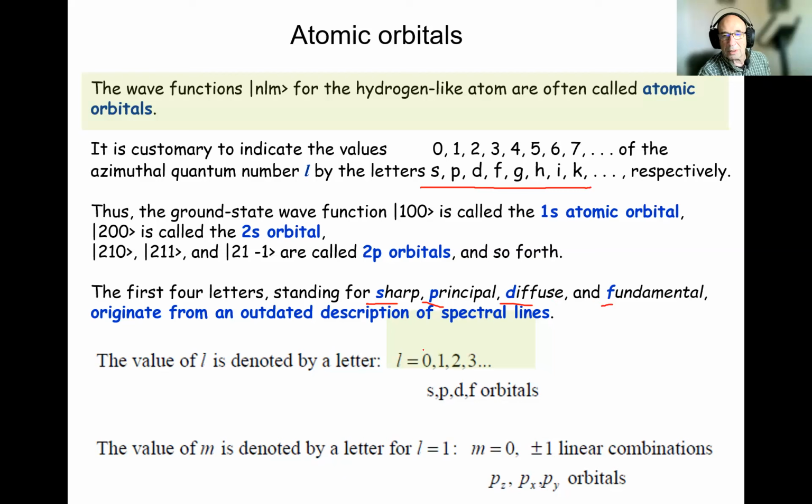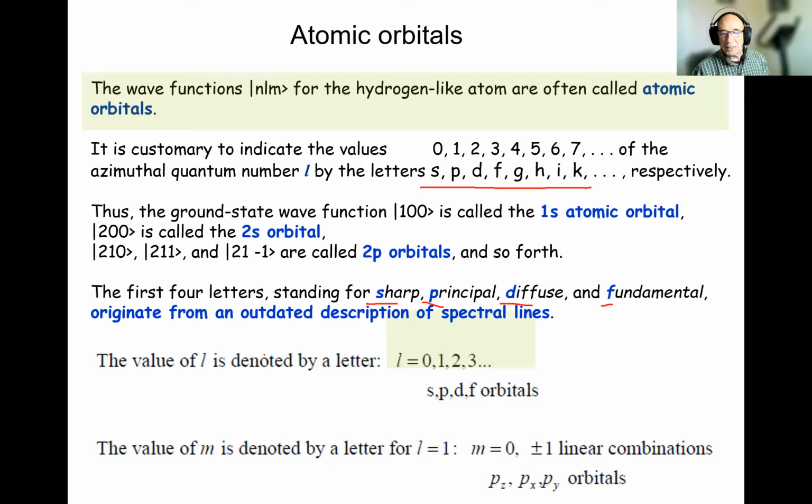When people were trying to explain the behavior of these spectra, they introduced some phenomenological notations like sharp, principal, diffuse, and fundamental, which you can discuss later. But it's important to understand the origin of this SPDF.